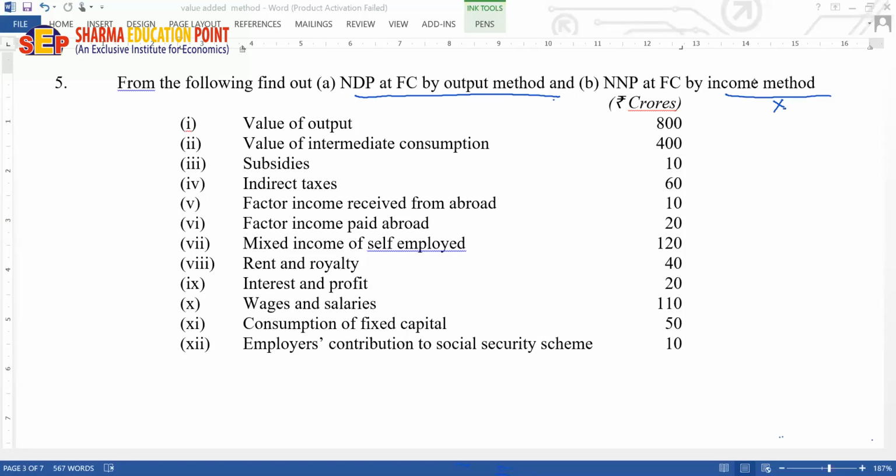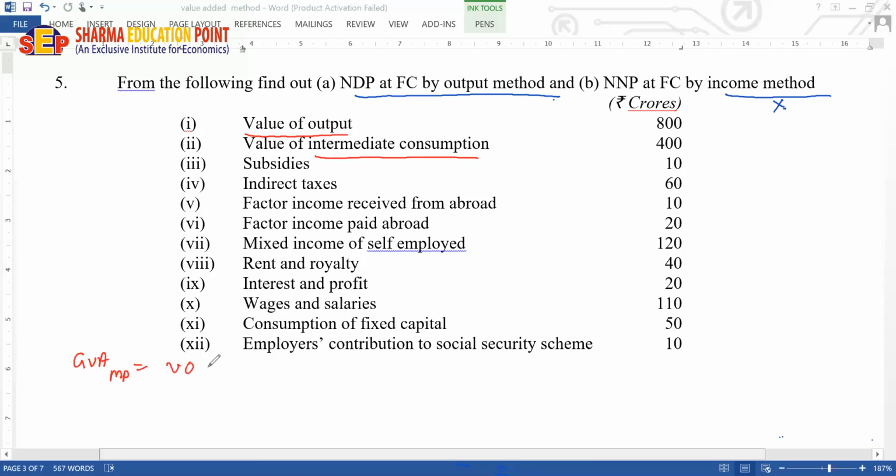Okay, this is the same pattern I told you: just concentrate on your formula. First of all, you can see the value of output is given directly, and intermediate consumption is also given. So you calculate gross value added at market price.